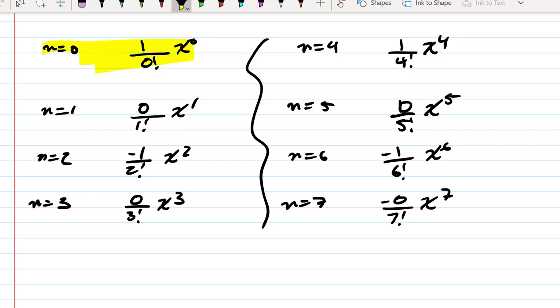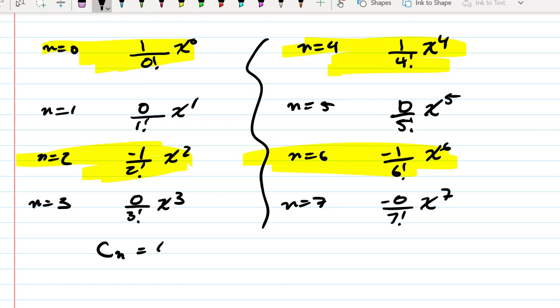So this time it looks like the even numbers are non-zero. Our c sub n's are going to be negative 1 to the n over 2n factorial.